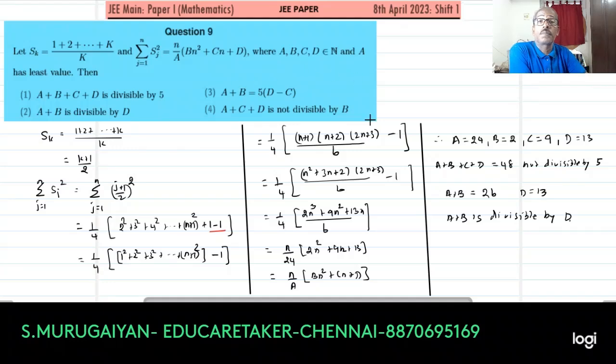Out of 4 options, this is not a multiple option type question, it is single answer out of 4 options. So we have to accept a plus b is divisible by d, we can lock option 2. Option 2 is the correct answer.